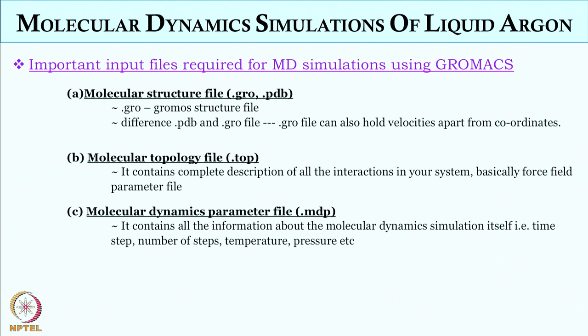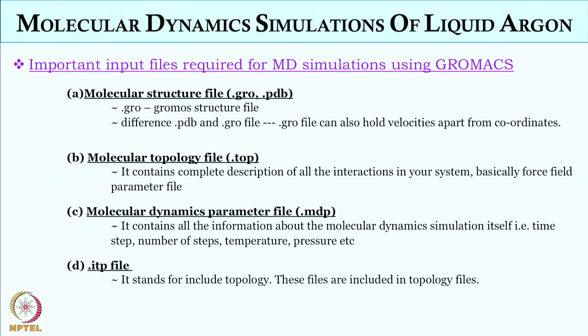That is, it contains the information about which algorithm is required to integrate Newton's equation of motion, the total number of steps, what is the temperature, what is the pressure that is required, or what is the type of cutoff we are using, and all this stuff. And the fourth file that is required is the ITP file, which stands for include topology file, and in that we write all the force field parameters, all the detailed information.